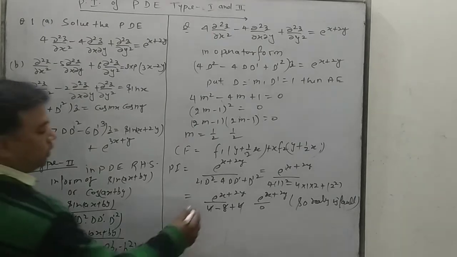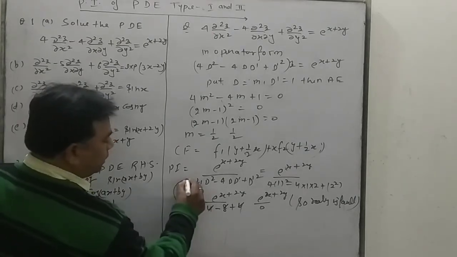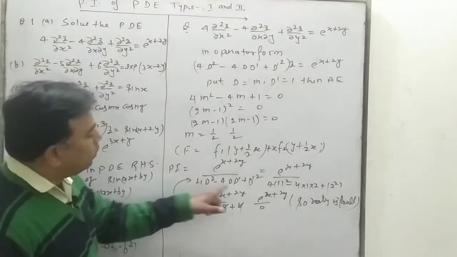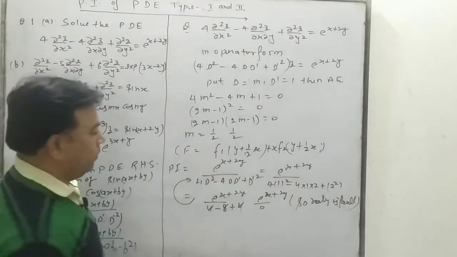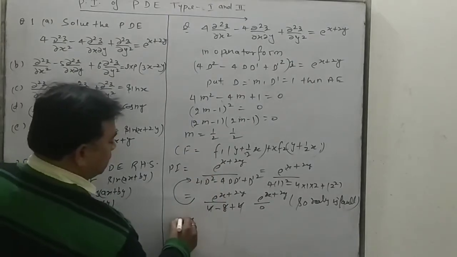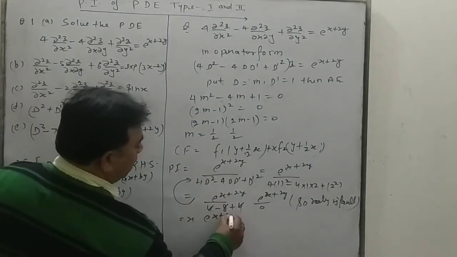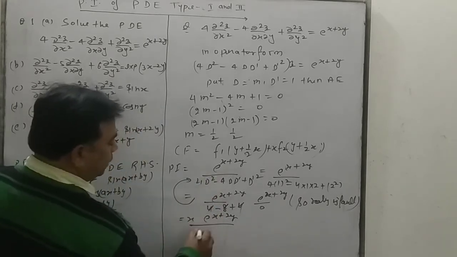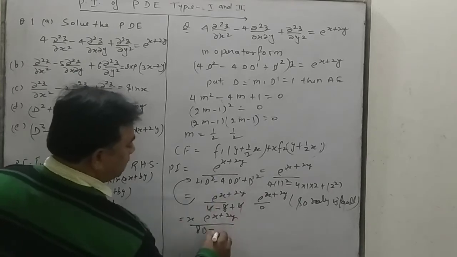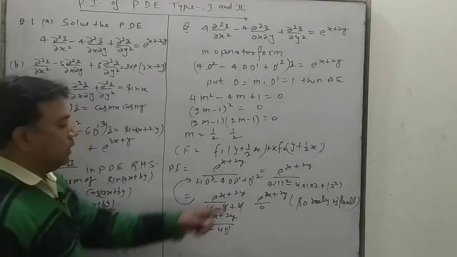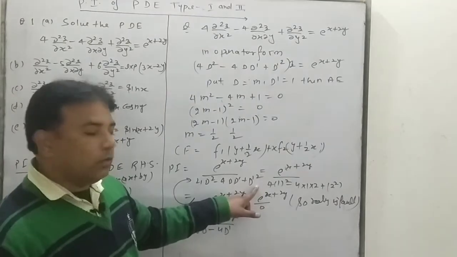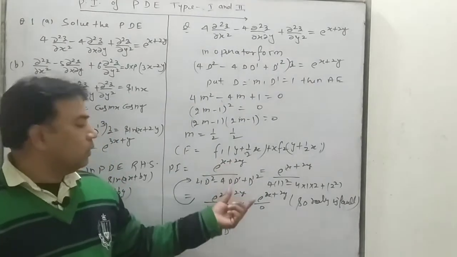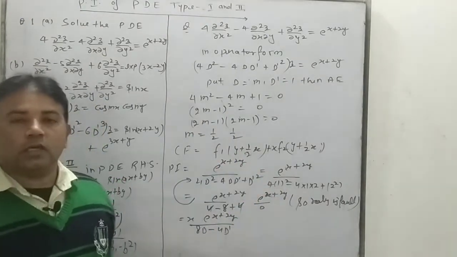After that you first multiply the numerator by x and differentiate the denominator function with respect to D. So x e to the power x plus 2y divided by 8D minus 4D dash. The differentiation of D dash will be 0, because we are differentiating with respect to D, so D dash is treated as a constant.